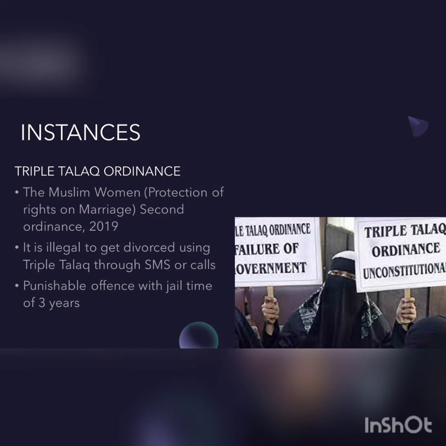The ordinance was passed 3 times within that particular year, confirming the penalty of a jail term, since the opposition parties and the community leaders were against it. This ordinance was promulgated as it provides justice and equality to Muslim women in the country.